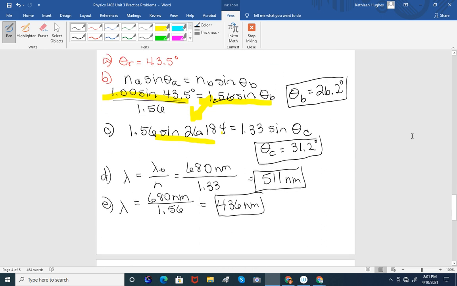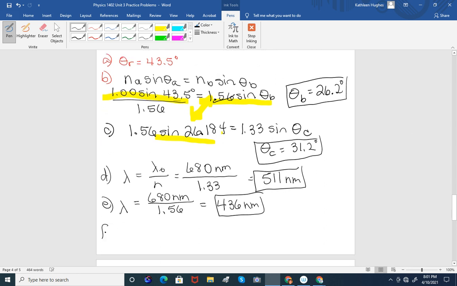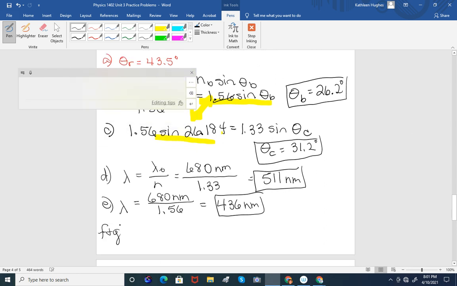Well, why don't we find the frequency of the red light in air, and that will give us the answers to both F and G. I know c equals f lambda. If we are in air, actually we usually say v, but since we're in a vacuum or air, this is 3.00 times 10 to the 8th equals the frequency times 680 nanometers, so 10 to the negative 9.